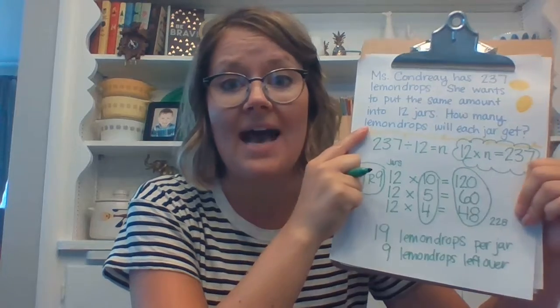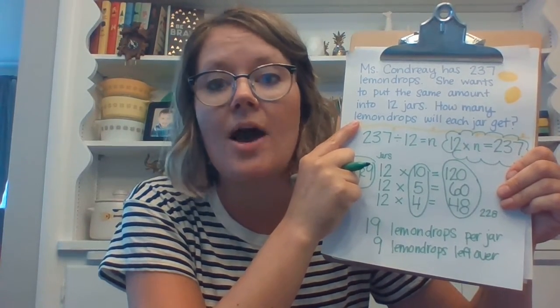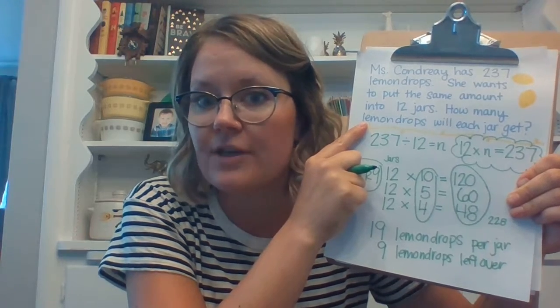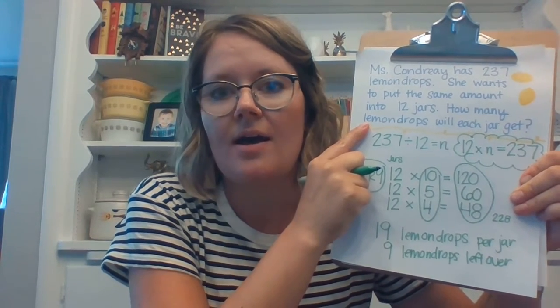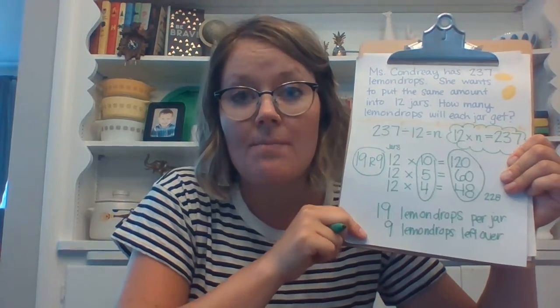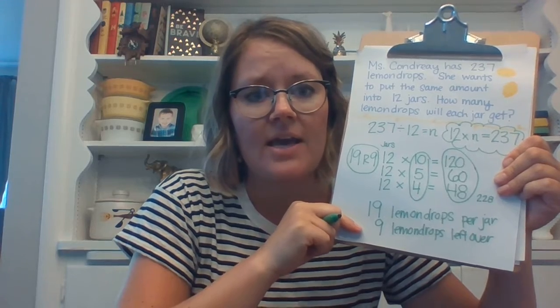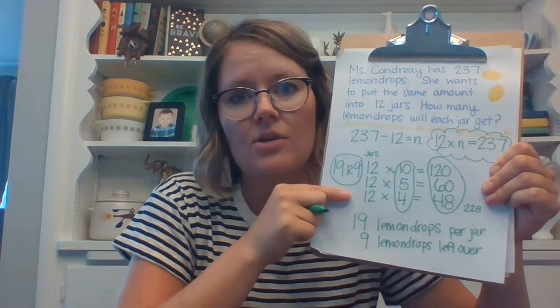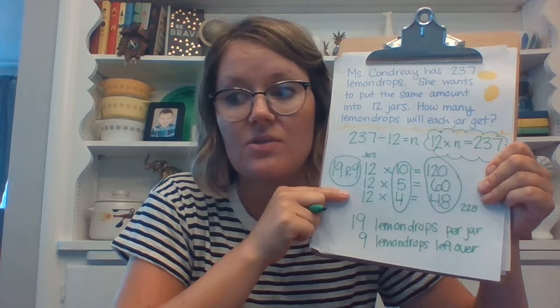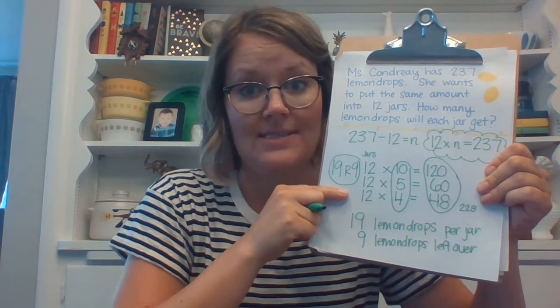Sometimes the question might be asking you, like one of the questions on your worksheet, how many buses might be filled with people, or how many buses we will need. Then what you do with those remainders is really important in the context of the story. So make sure as you're solving, you're rooting it in the context of the story. Go back to the question, go back to the story, and make sure you really understand what's happening.